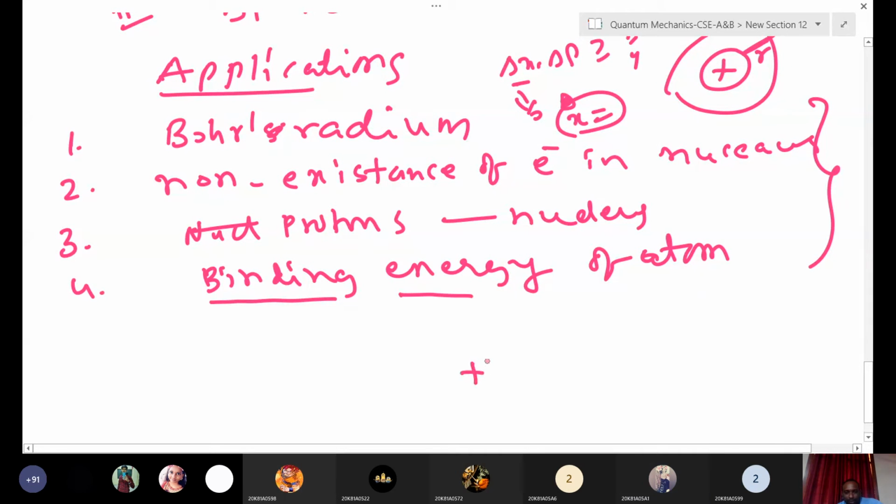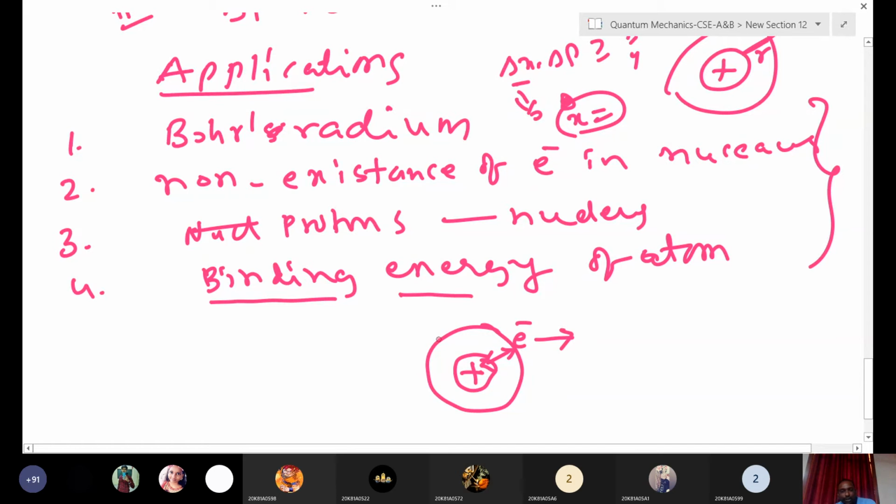So binding energy: suppose this is the nucleus and electrons are revolving around the nucleus. How are these bound to the nucleus? Binding energy means this electron is attracted with some energy, bound with some energy. Suppose you want to pull out this electron, you have to apply some energy to take it out.